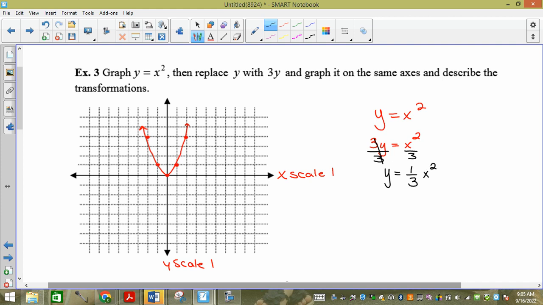Now it's sitting in front and it's actually a vertical stretch, right? So what is happening with this one? It's a vertical stretch by a factor of what? about the x.